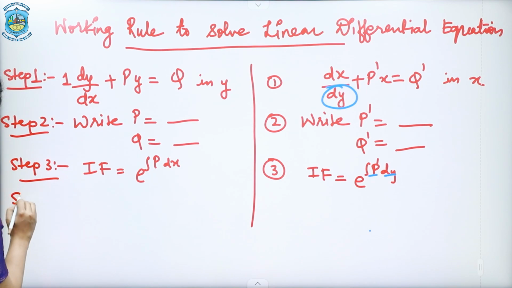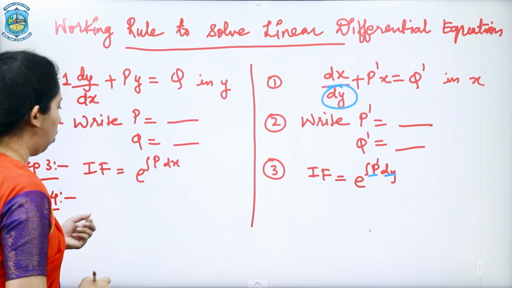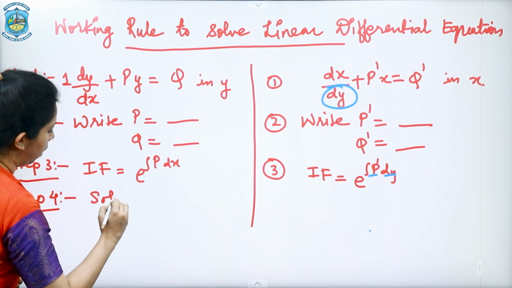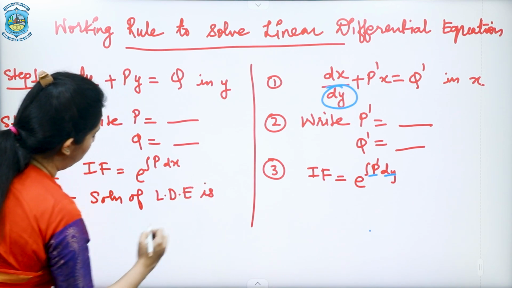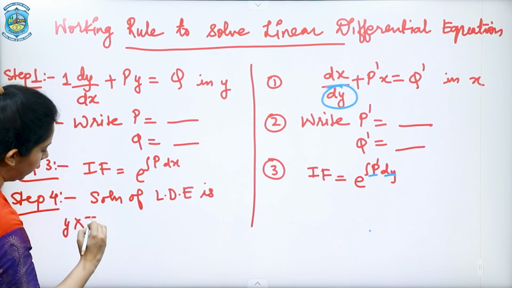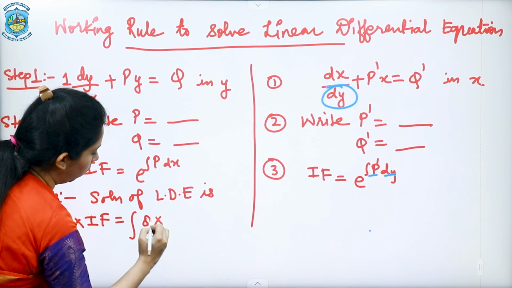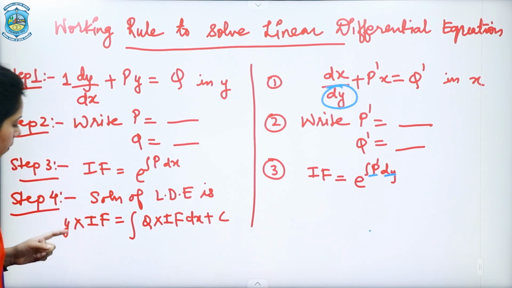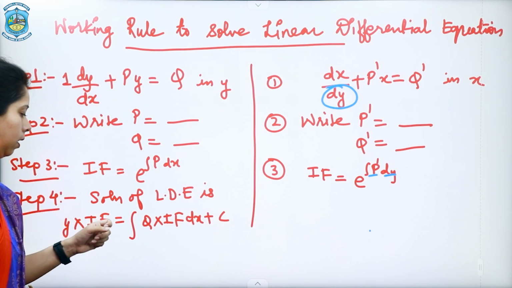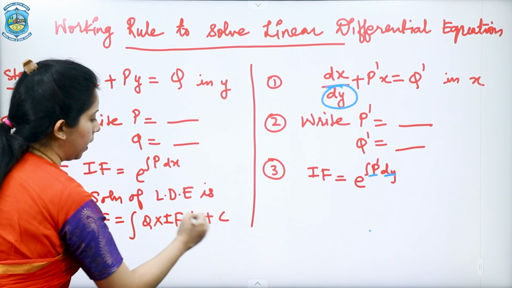Now, in step number 4, we write the general solution of linear differential equation. The solution is given by the formula y into integrating factor is equal to integration of q into integrating factor dx plus c.